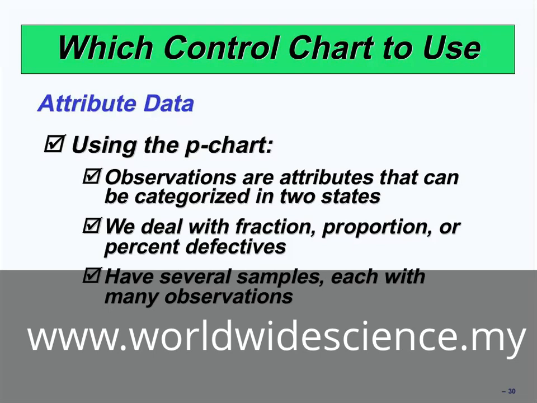Then you calculate the fraction defective, as I told you, the number of defective divided by the number of whole samples. For example, in the company the number of defective was 80, and they repeated the sampling 20 times.